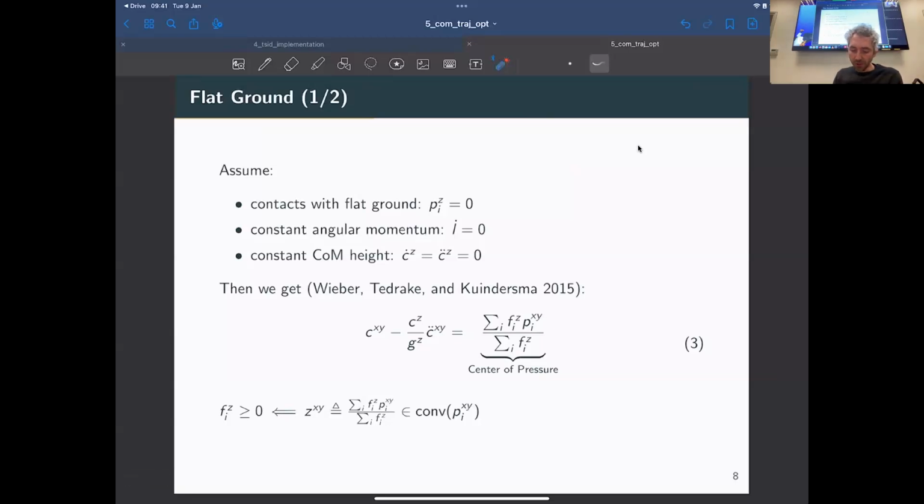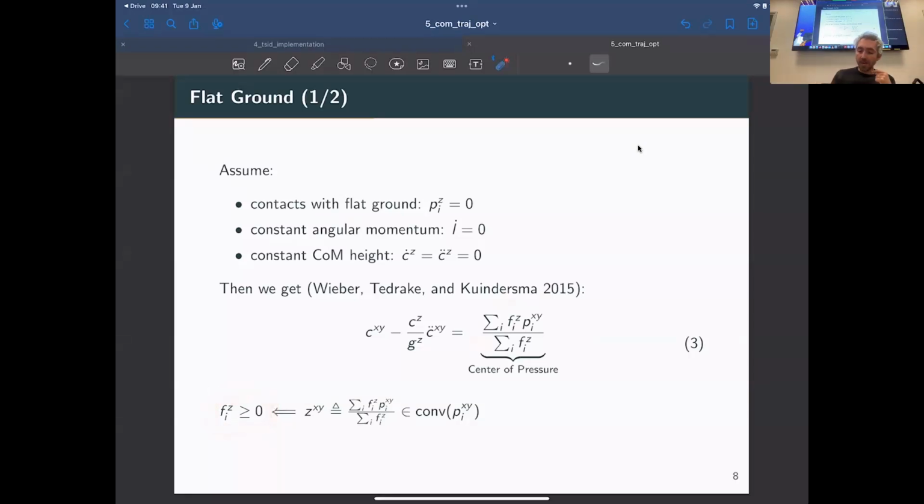So if we make sure that this center of pressure is inside the convex hull of the contact points, then we can be sure that there exist positive normal forces that realize the center of pressure.